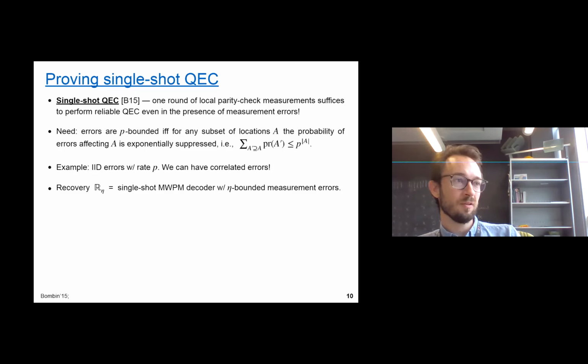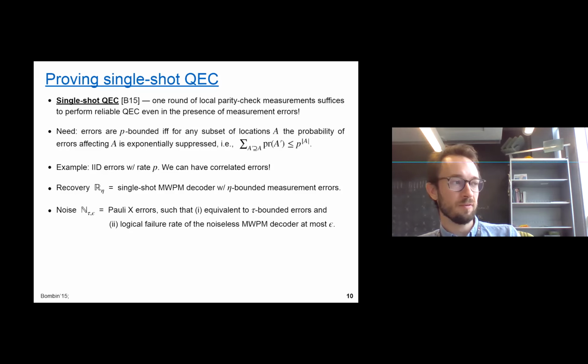And then we have a noise channel as well. This is going to be Pauli X errors, and the slight technical thing is that we need this noise channel to be equivalent to a noise channel that is tau bounded. This is a slightly annoying technical thing, but it is necessary for the proof.